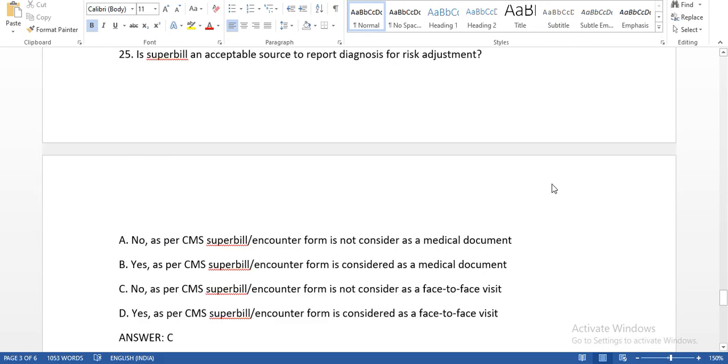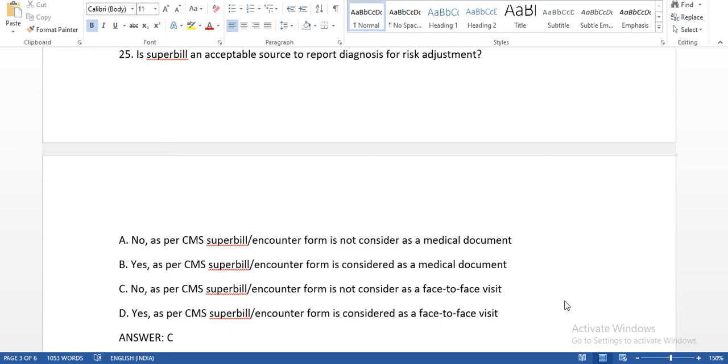25th question. Is a super bill an acceptable source to report diagnosis for risk adjustment? Here the answer is C, No. As per CMS, a super bill encounter form is not considered a face-to-face visit. As a risk adjustment coder, we need to check whether the patient and the physician had a face-to-face encounter or not.